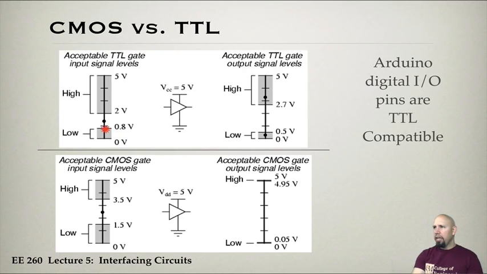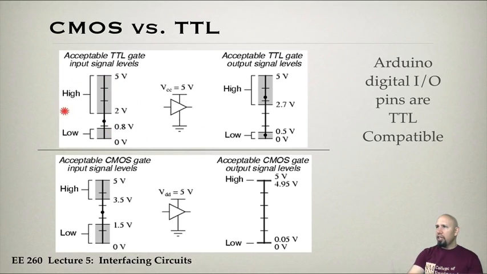Remember, even though we're talking about digital circuits, the world is still analog. This situation means the designers of TTL circuitry recognized the analog nature of circuits. Here we have a larger range for high than we do for low.